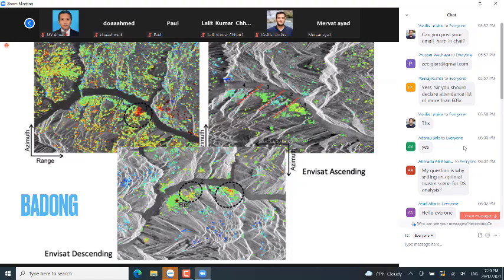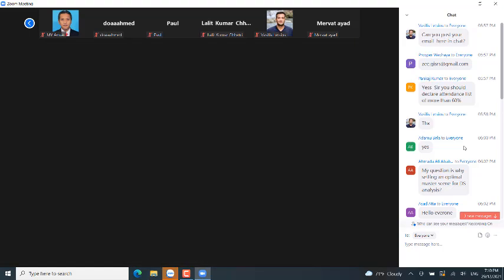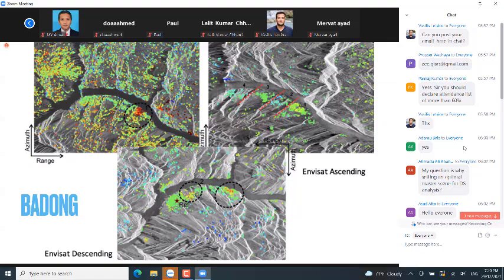Anyway, we have here 3 images, 2 ascending ones and 1 descending one. So we see certain deformation schemes.